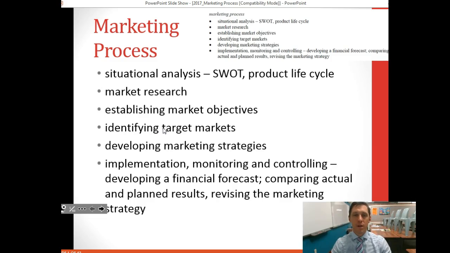Now those strategies are covered in a lot more detail in the next chunk of the syllabus, which is marketing strategies. But essentially the marketing strategies are: what is the appropriate price, what's the nature of the product and its brand and its image, its place, how is it going to be distributed, and how exactly is it going to be promoted. Is it going to be through advertising? Is it going to be through sales promotion, etc.